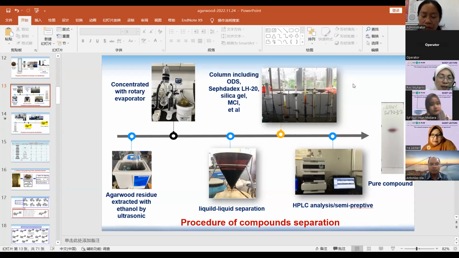And whether we need to do one by one, for example, ODS first, and then Sephadex, and then silica, or how do you arrange to use this type of column, and which one is the best to give high yields of compound?